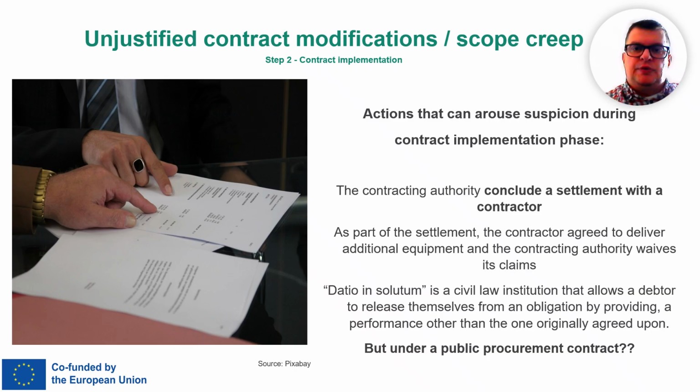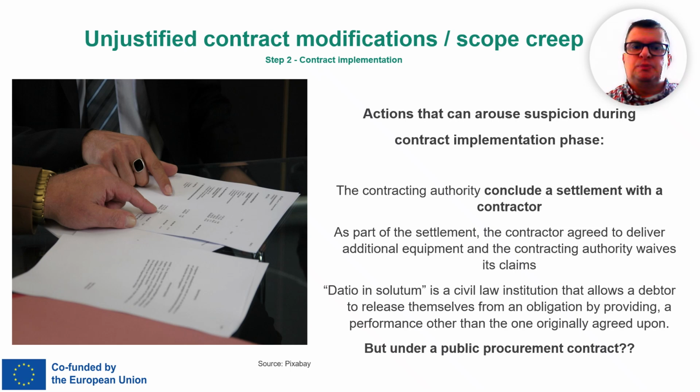Obviously, in, for instance, the Polish Civil Code, there's a concept called datio in solutum. It means that a debtor can free themselves from an obligation by offering something different from what was originally agreed. But in the context of a public procurement contract, this practice is problematic.